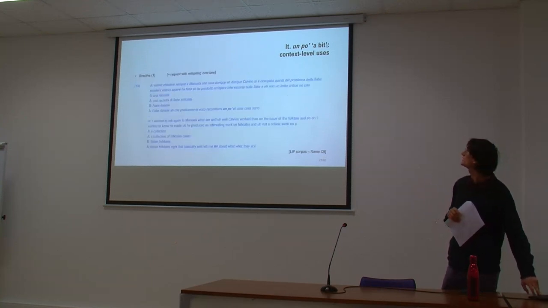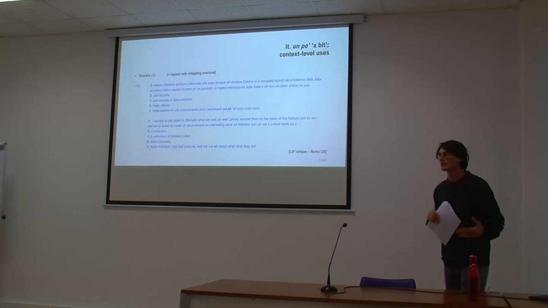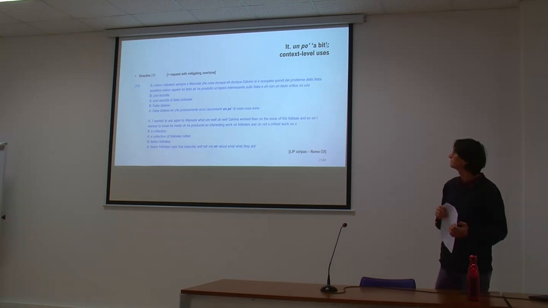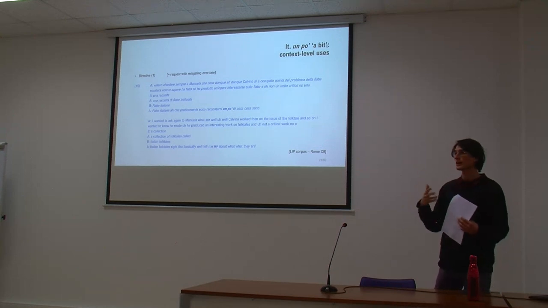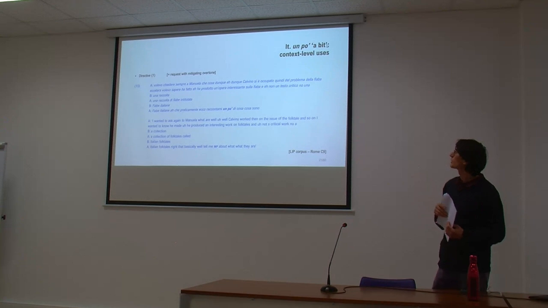On the other hand, we have different context level uses of the same element. Un po' can appear in directive speech acts, like the one in 15, which is a request with a mitigating overtone. It's a conversation between a teacher and a student, and the teacher asks the student to tell about a collection of Italian folk tales.